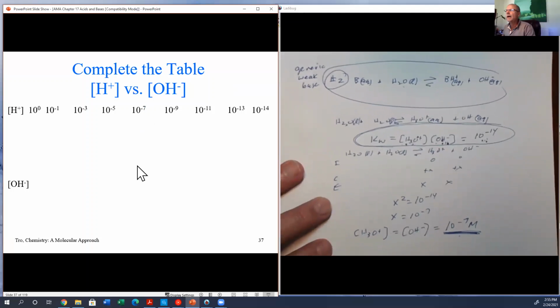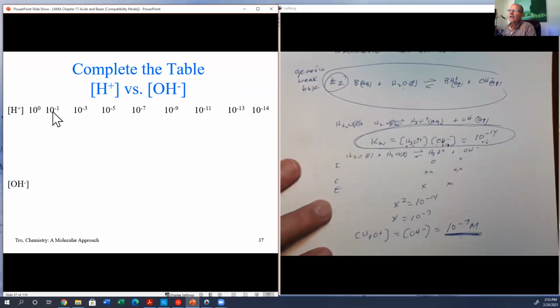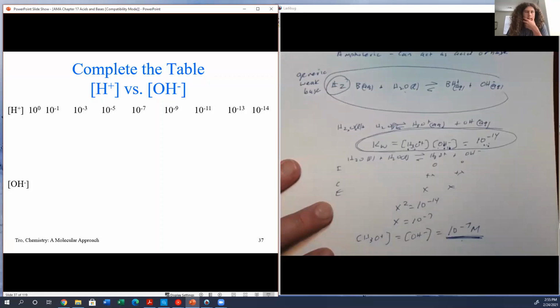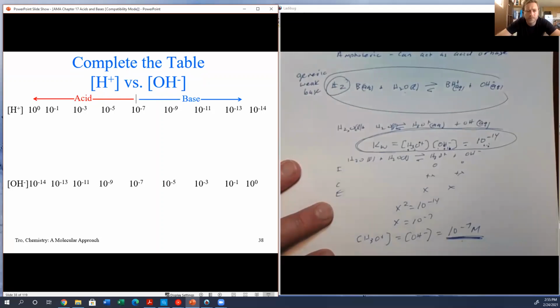But if H+ is 10 to the minus 1, then OH- is 10 to the minus 13. And if H+ is 10 to the minus 13, then OH- is 10 to the minus 1.